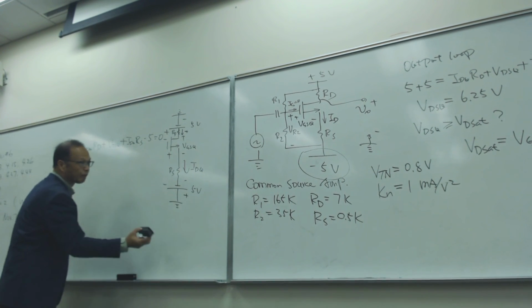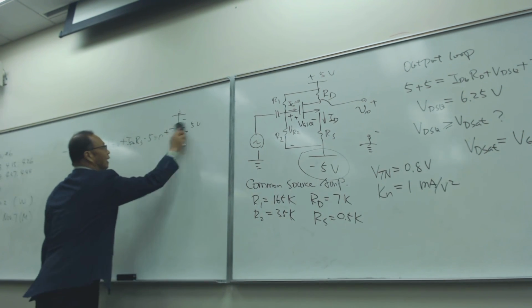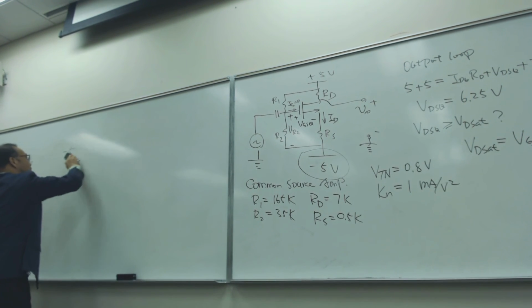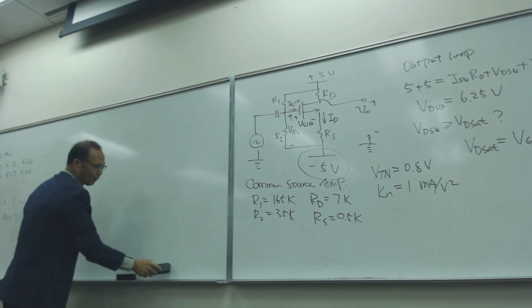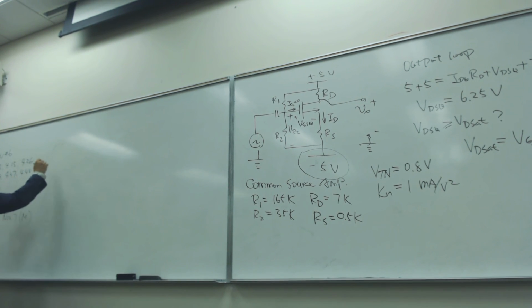Okay, so now let's do the AC. AC will be more difficult, right? We need to draw the equivalent circuit under the AC condition. So you go from the left, this line, and the capacitance is a short for now.